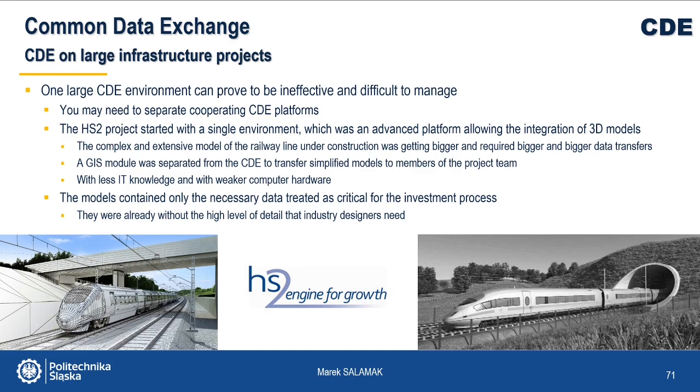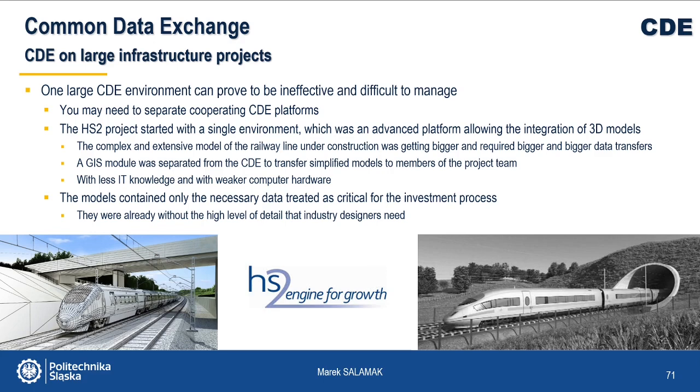However, over time, the very complex and extensive model of the railway line being built became larger and larger and required more and more data transfers. Therefore, it was decided to separate the GIS module from CDE, which was used to transfer simplified models intended for members of the project team with less IT knowledge and weaker computer hardware.